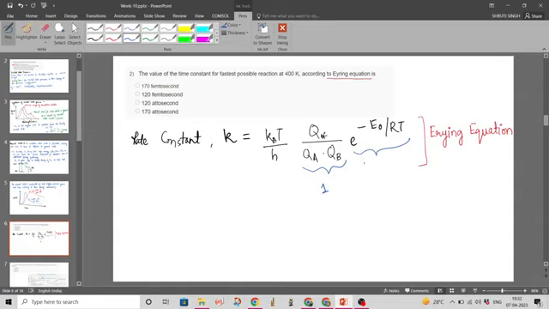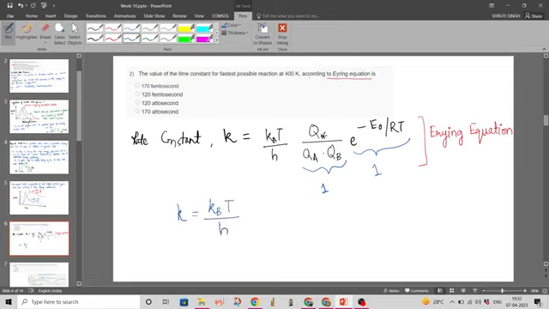For this also, when the activation energy is 0, there is no barrier in the potential energy surface, then the rate will be highest. So when activation energy is 0, this term becomes 1. Okay, so k, the rate constant, becomes maximum and is given by kBT by h.